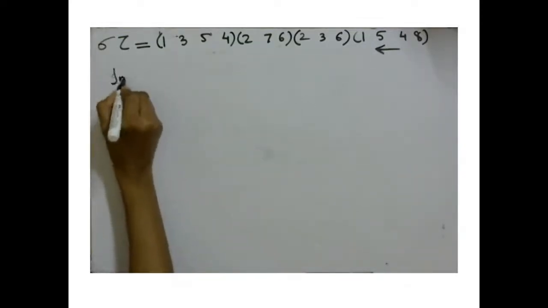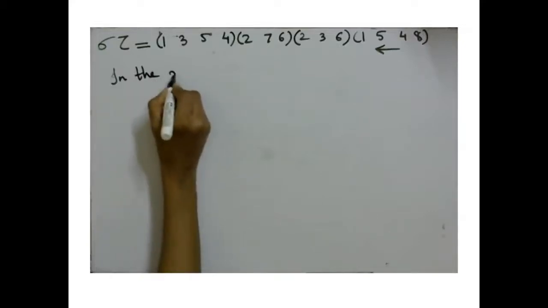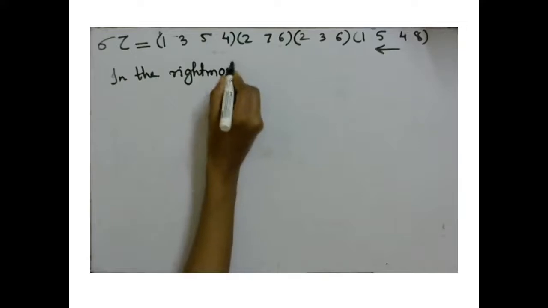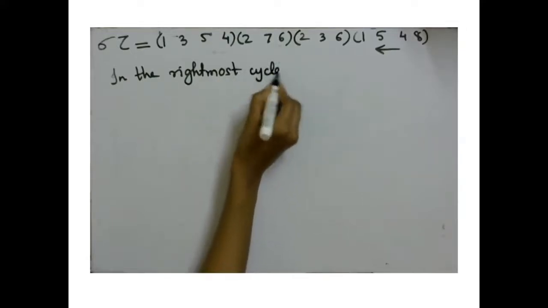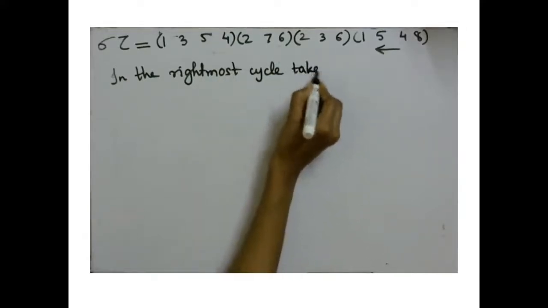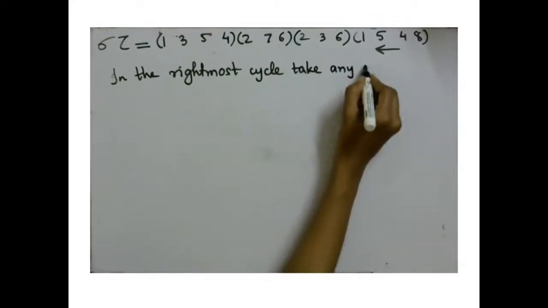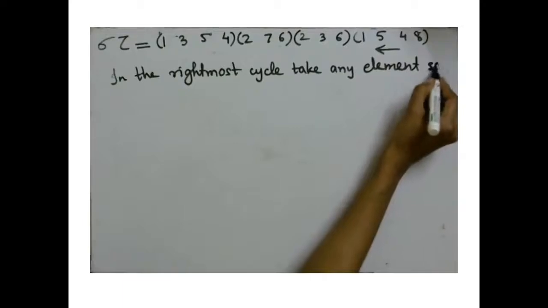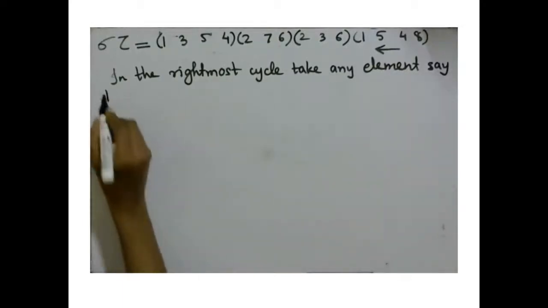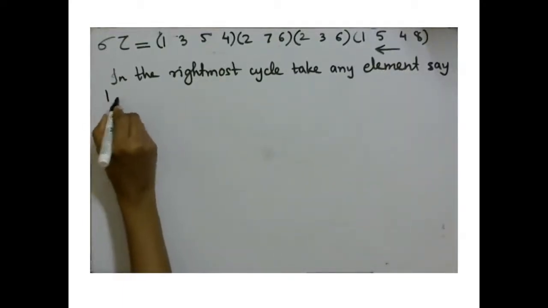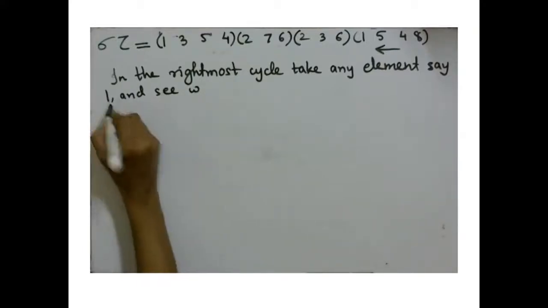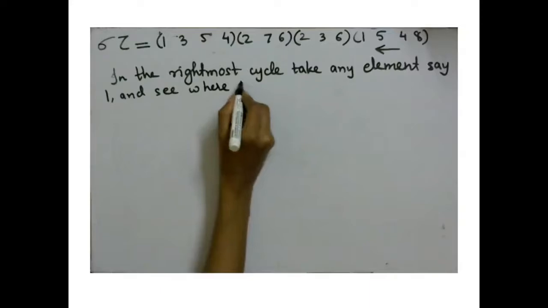So you have to take any element from the rightmost cycle and start with that element. So in the rightmost cycle, take any element. Let us take 1 and see where 1 is mapping.